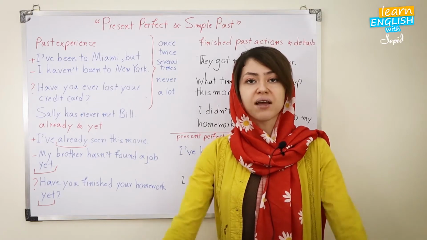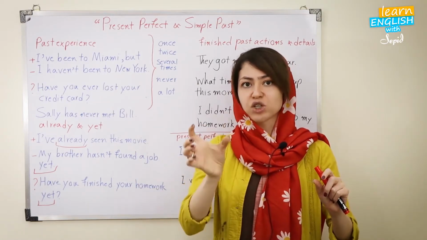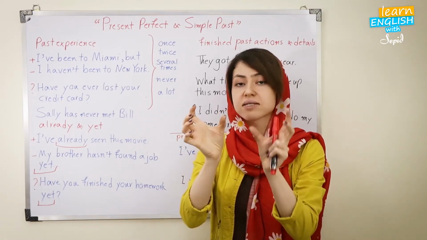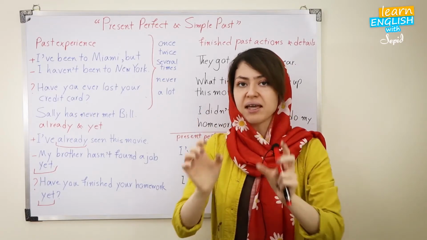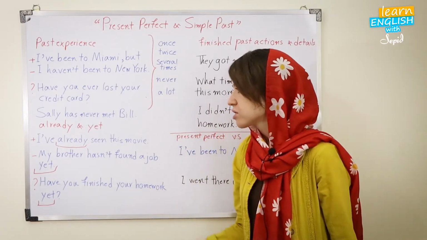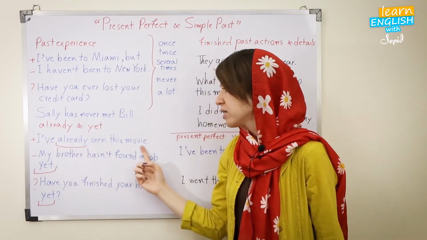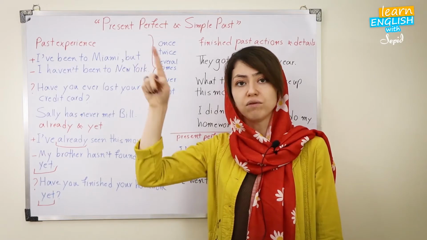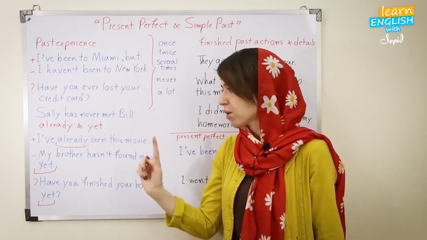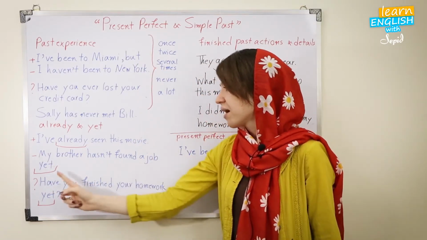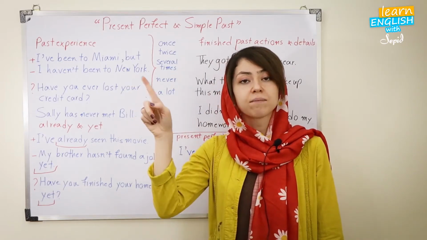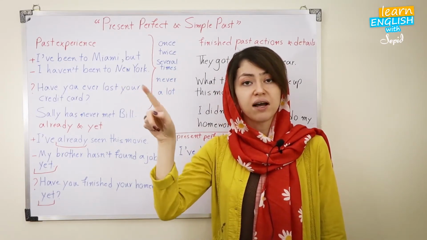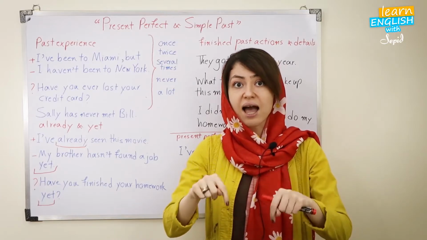Again, in present perfect, we are talking about the past action which results in present. Pay attention to this. Again, we say I've already seen this movie. It means this is a past action. I saw that movie. Now I remember it. My brother hasn't found a job yet. In the past, he searched and didn't find, and now he is out of work.